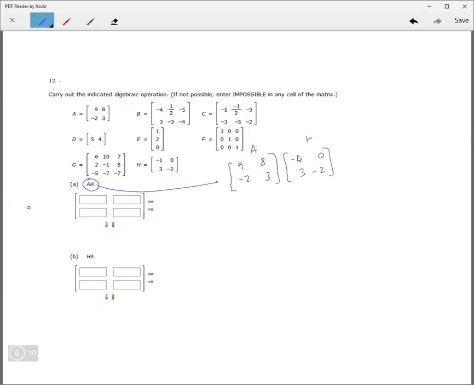So there's A, there's H. Make sure we copied it down right. Okay, now analysis. This is 2 by 2. That's also 2 by 2. So that means that these inside ones are the same, which means we can multiply these together.